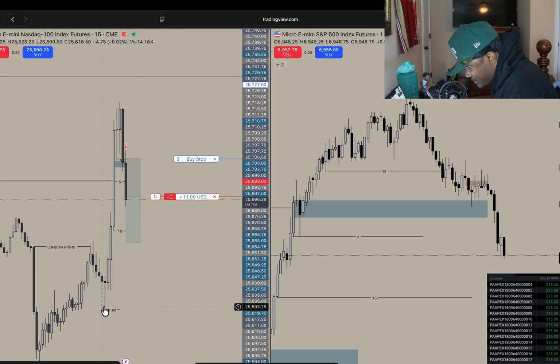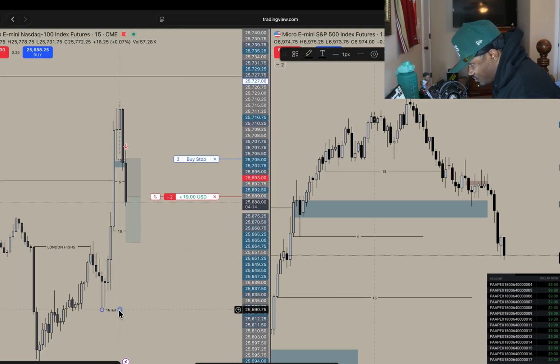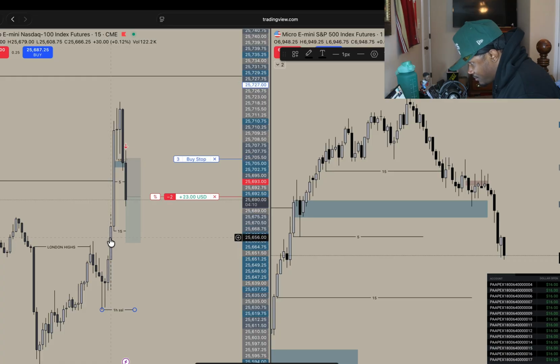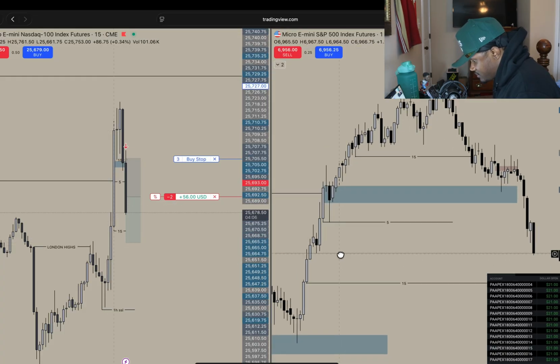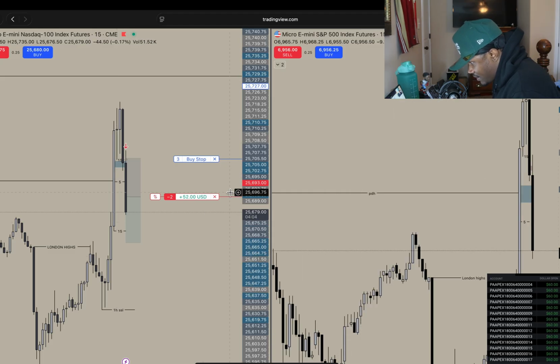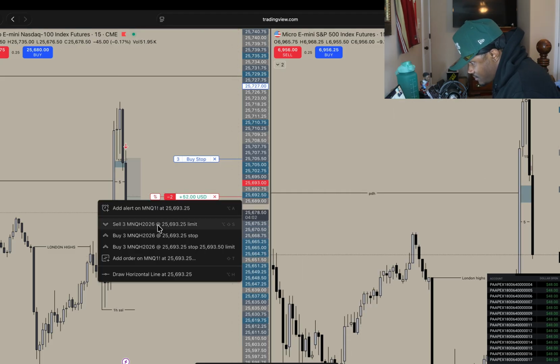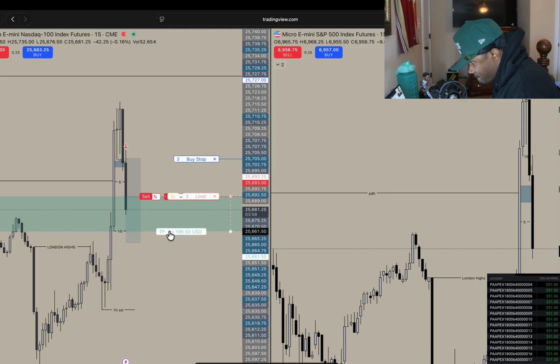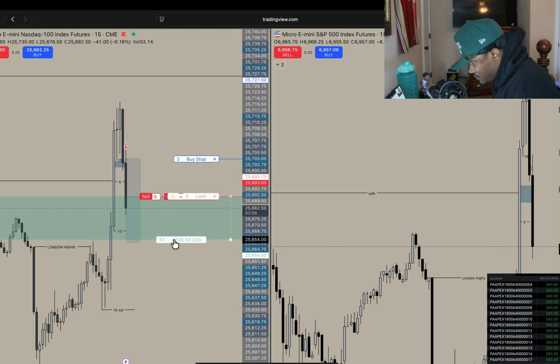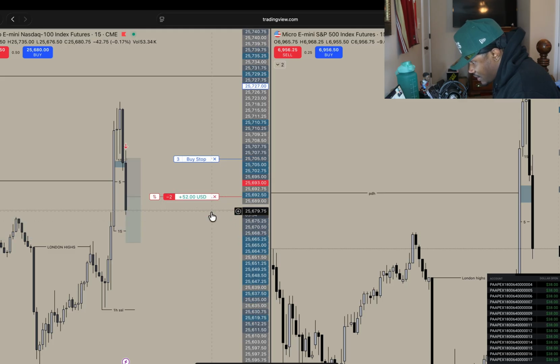I really like this 1-hour sell side as a draw. Entry of this fair value gap will be the best target. Seems like the most obvious draw.